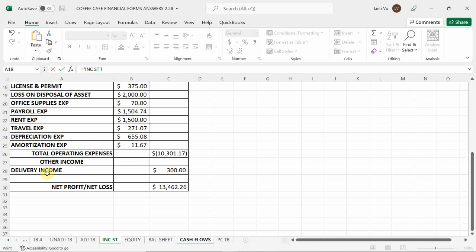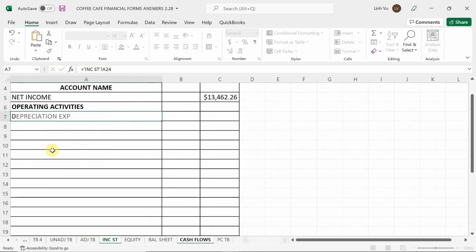No. You didn't pay $655 to use your equipment, because you already paid to invest in those items. So this is something you have to add back, because this is considered a non-cash operation. I never spent the money to begin with.